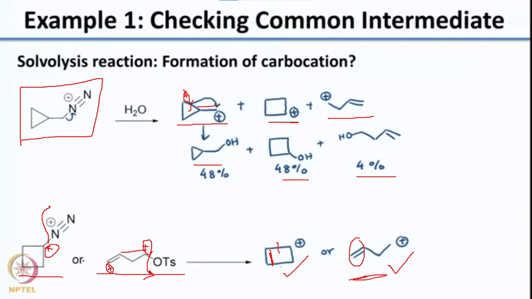So that's why here we can say the intermediates are common, and the product will also be common for this reaction, but the reactants are different. So this is a solvolysis reaction example where the formation of carbocation is taking place, which is a common intermediate for all three substrates, all three reactants.